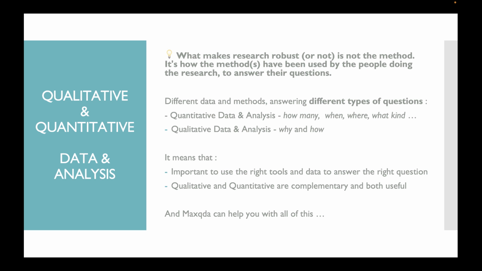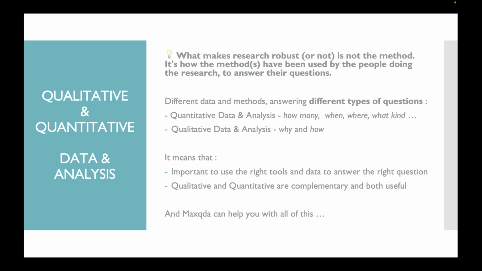This being said, it's important to be aware that there are different types of data and different types of tools and methods. And for me, this is where the distinction between qualitative and quantitative makes more sense, and it's what we need to pay attention to. So we can have quantitative data, like numbers and statistics, and qualitative data, like text-based information.